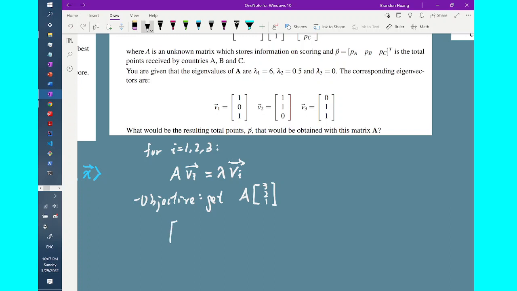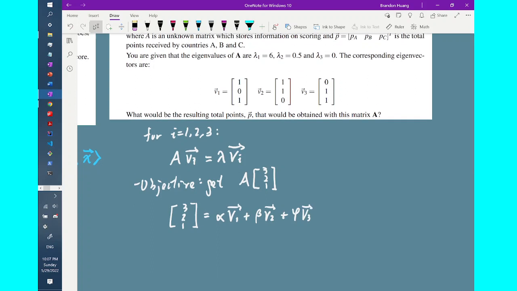if we can find that (3, 2, 1) is equal to alpha v1 plus beta v2 plus gamma v3, in other words, if we can find (3, 2, 1) as a linear combination of the eigenvectors, then we can say that A times (3, 2, 1) is equal to A times this linear combination.